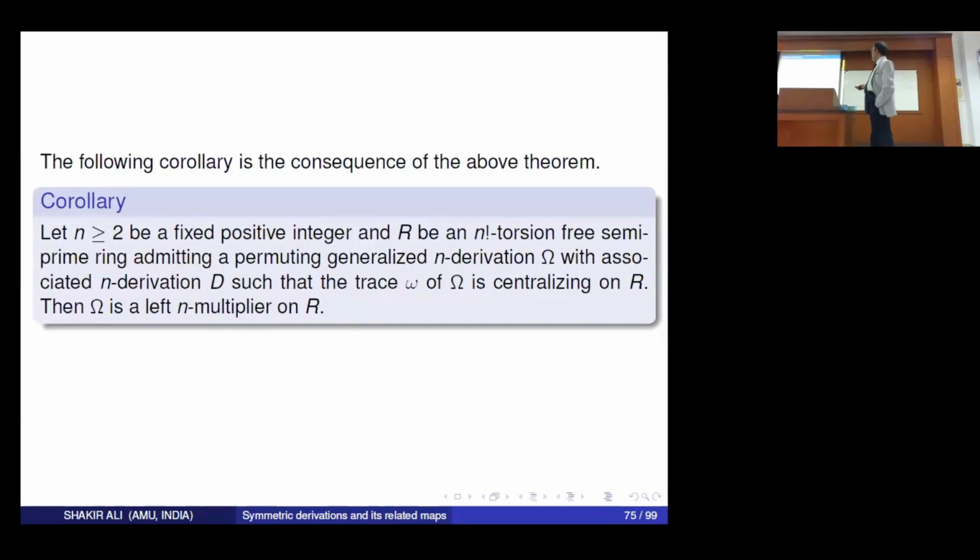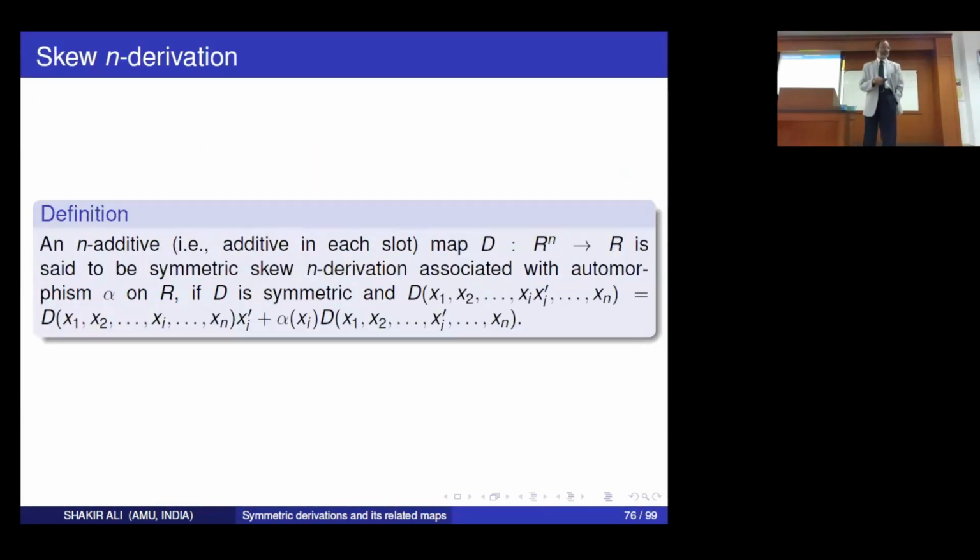Okay, then I leave that and come to a more general idea, a more general component like the skew n-derivation. That means an n-derivation associated with another map. Okay, so that is an additive map from Rn to Rn, and alpha is an automorphism.